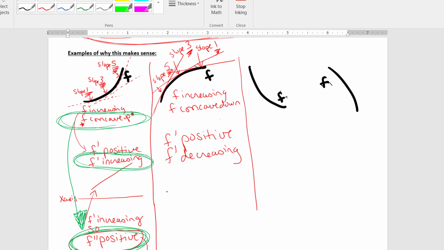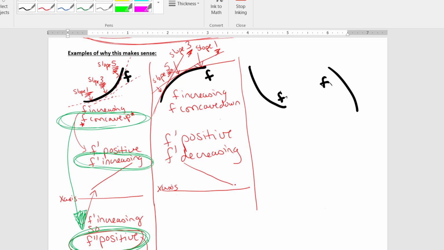If I were to draw a graph of f prime, here's our x-axis, we know the graph of f prime will be positive. It will be above the x-axis, but it will be decreasing. So maybe something like this. Here is a graph of f prime. It's above the x-axis, but it's going down as we travel left to right.